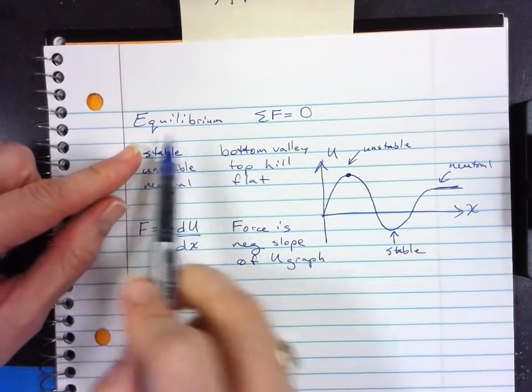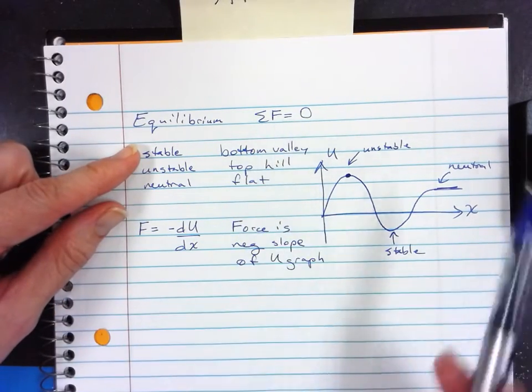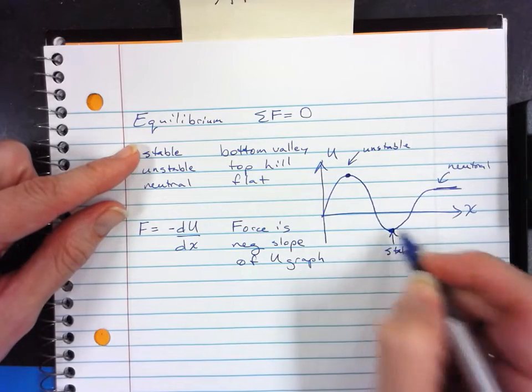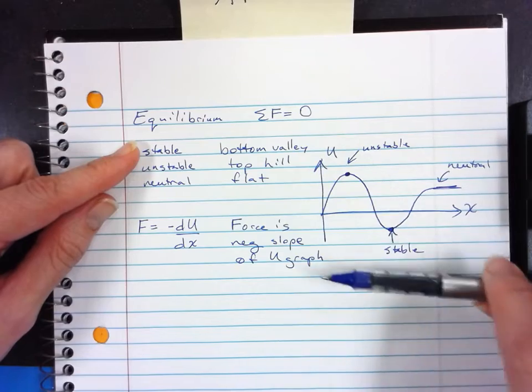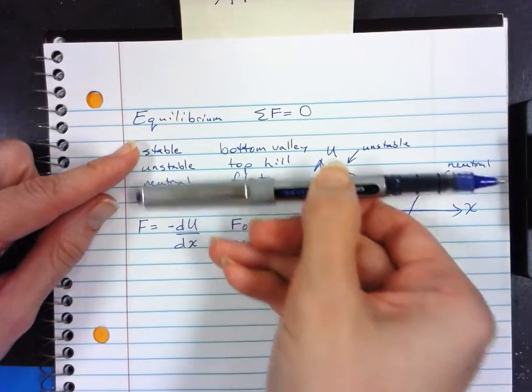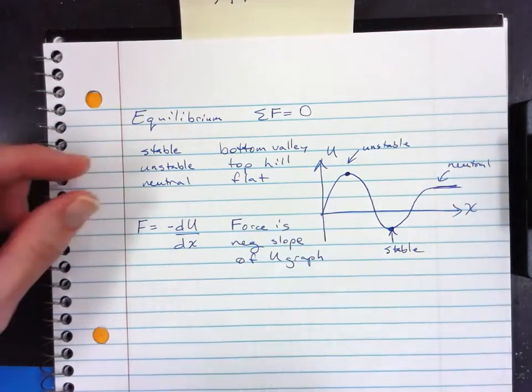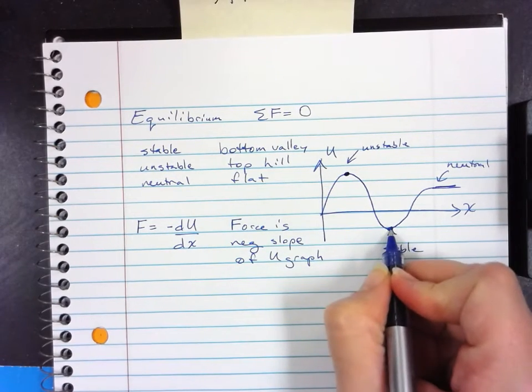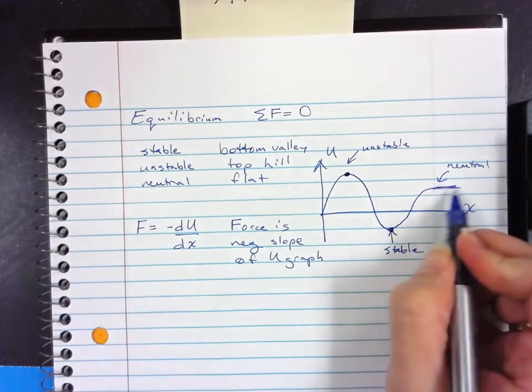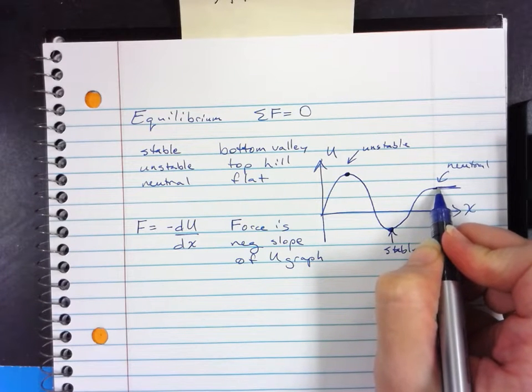And if we want equilibrium, that's where the force is 0. That's how I knew where these points were. Here we have a positive slope, 0 slope, negative slope, 0 slope, positive slope, and then a long 0 slope. Unstable point because it's the top of the hill, stable point because it's the bottom of a valley, and then neutral because with a small displacement, it couldn't really go anywhere.